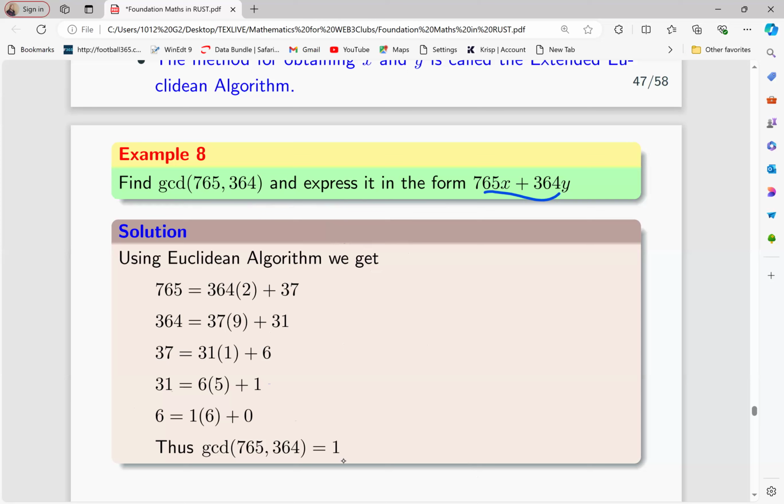Now, so we reverse from here. We make 1 the subject of the formula. So it's the same as 1 minus 6 multiplied by 5. We had already done this process in our lessons. Maybe for the sake of those who are not there, I can show the working.